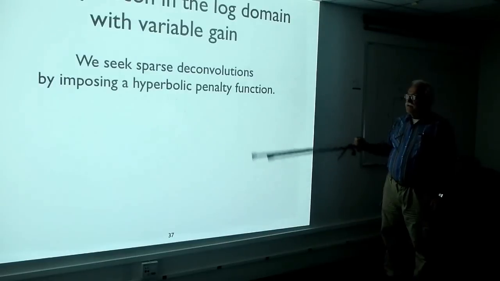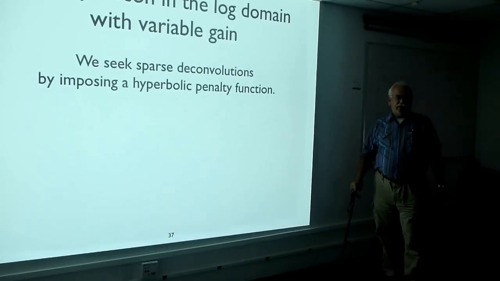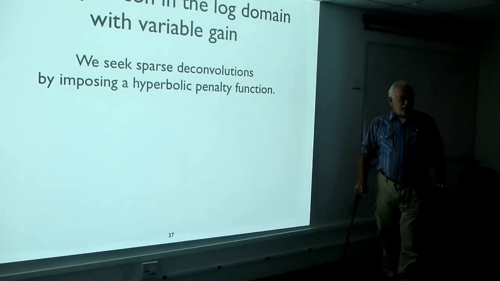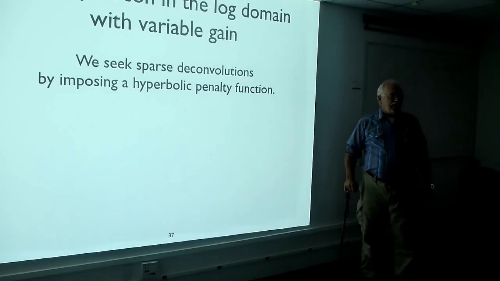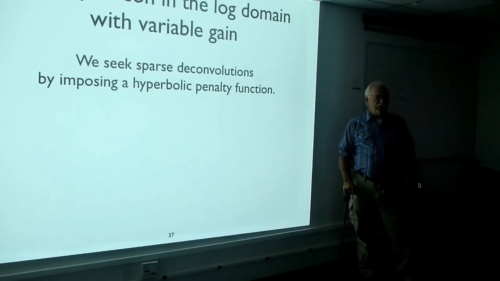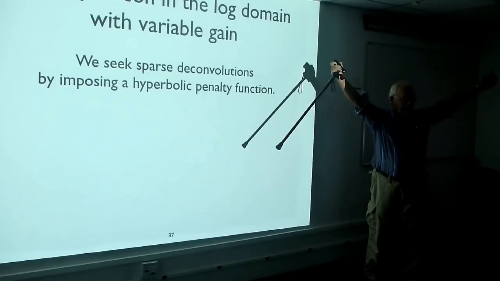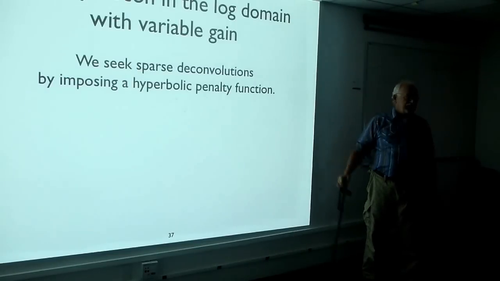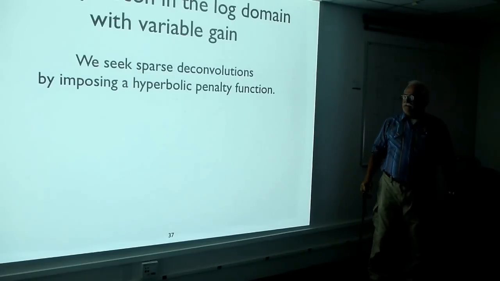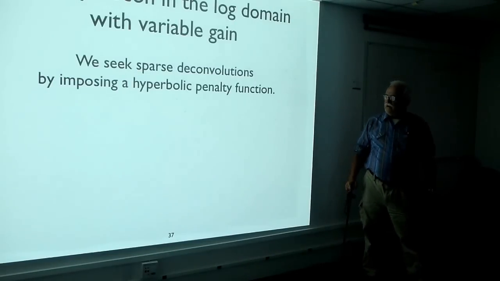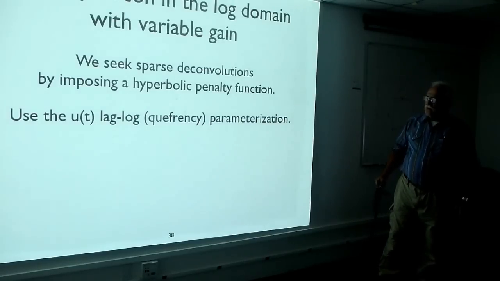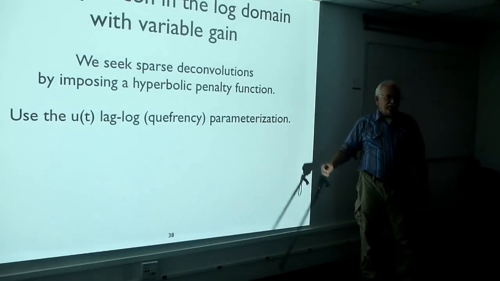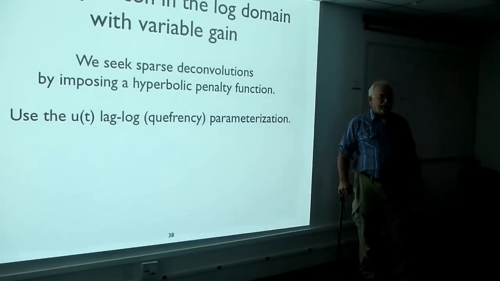We seek sparse deconvolutions by using a hyperbolic penalty function. A hyperbola is a parabola near the bottom, so it's like least squares for small residuals, and it's like the absolute value function near the asymptotes of the hyperbola, so it's like the L1 norm for larger residuals. We're going to use this U variable, which, I might mention, people like to call quefrency.